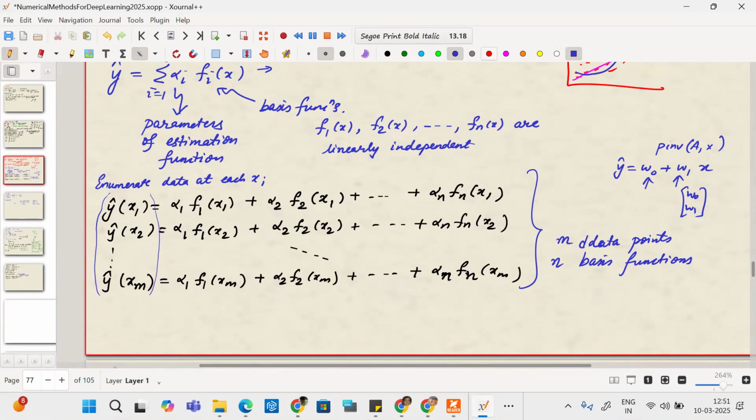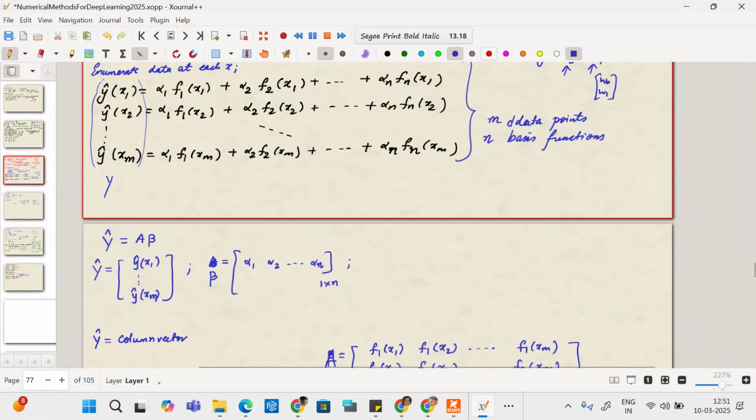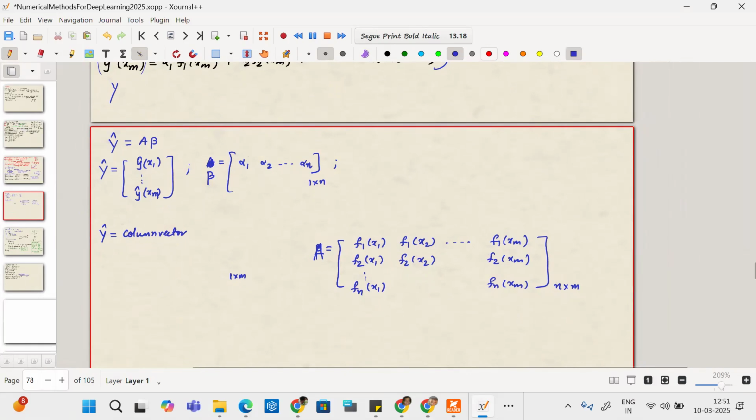What we are doing is nothing more than packaging the data in matrices. We packaged y cap into y, the alpha i's into beta, and f1, f2 and so on into A. Then we wrote the system of equations as y cap equals A beta.